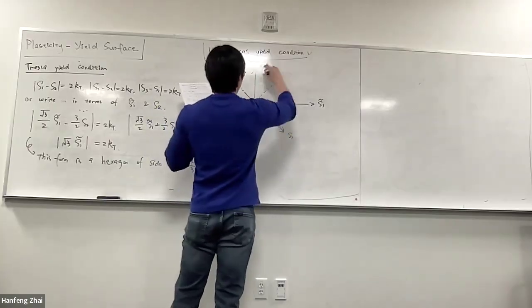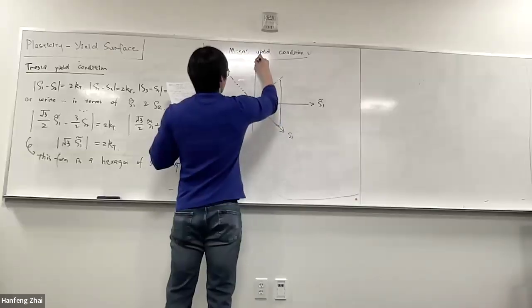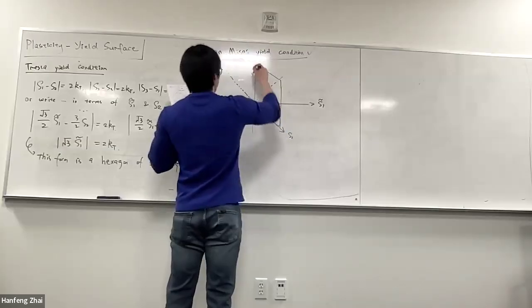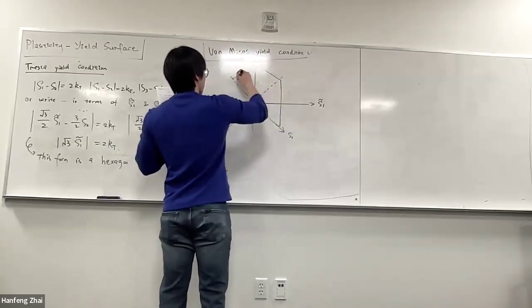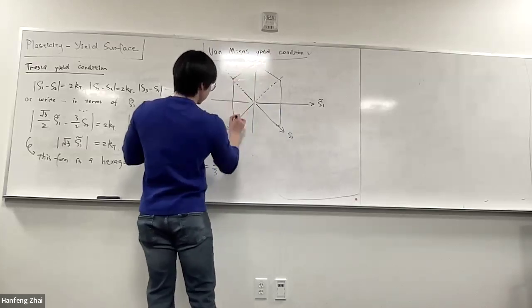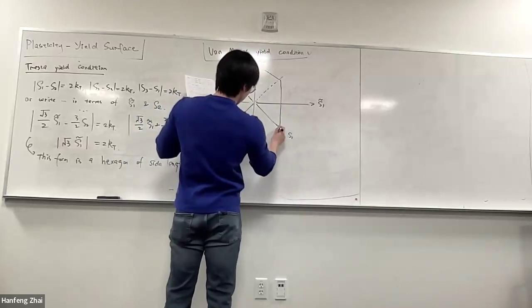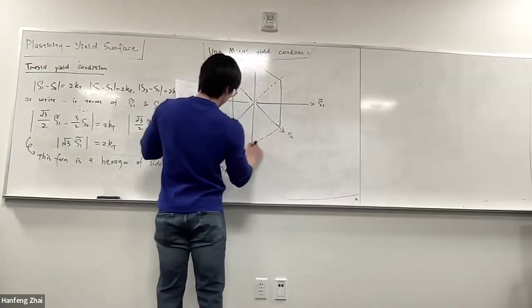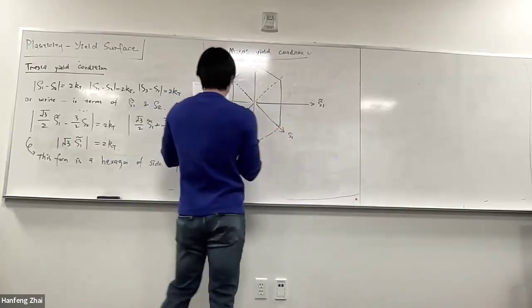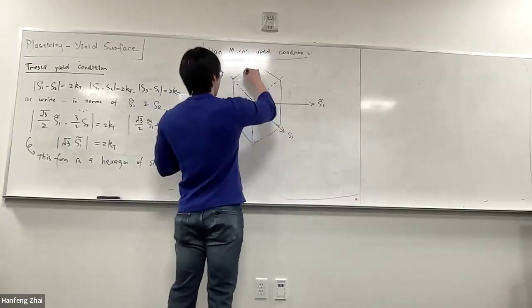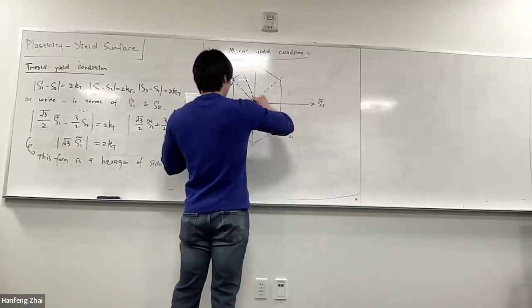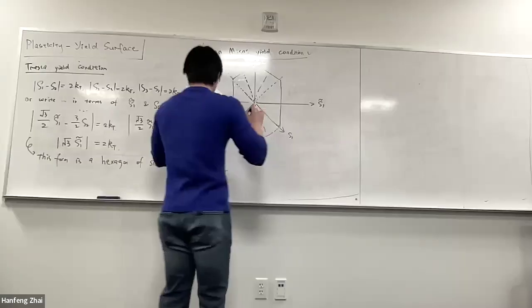Looks like this, and then S2 looks like this. That's a little bit weird shaped hexagon, but I'll take it. Okay, it looks like this.